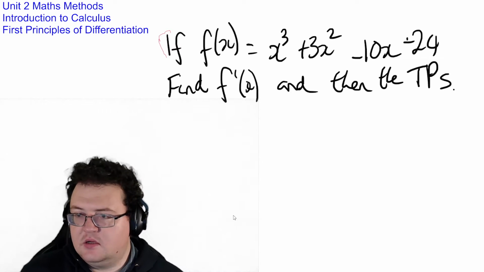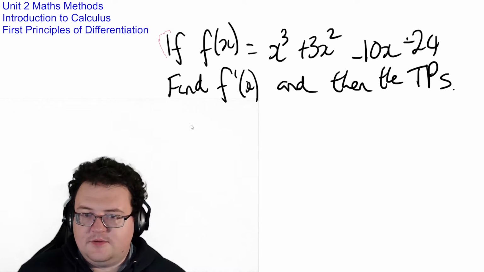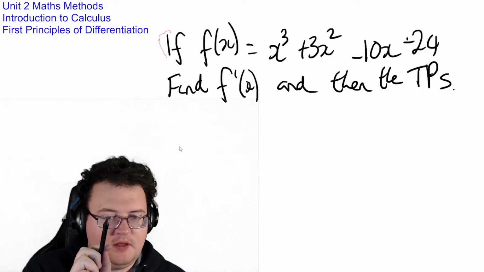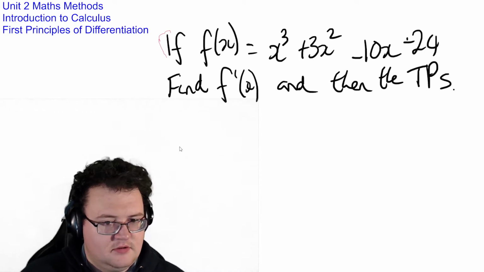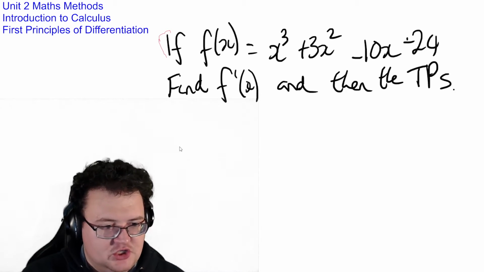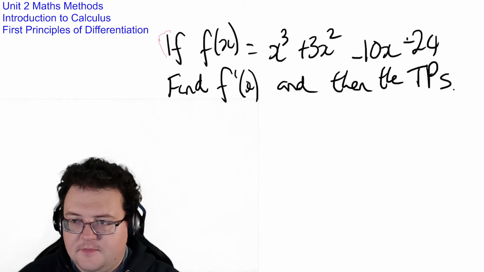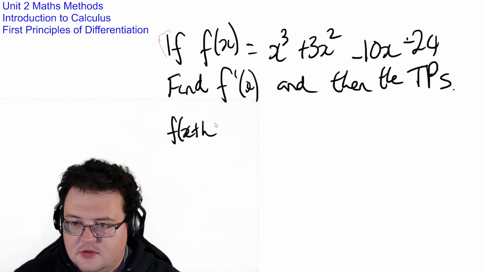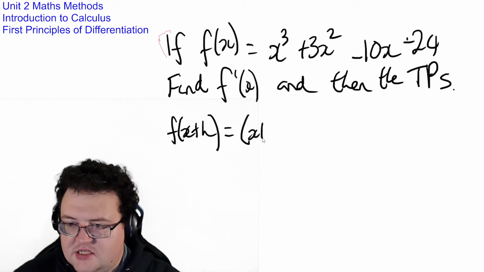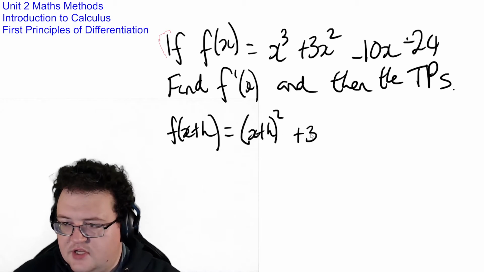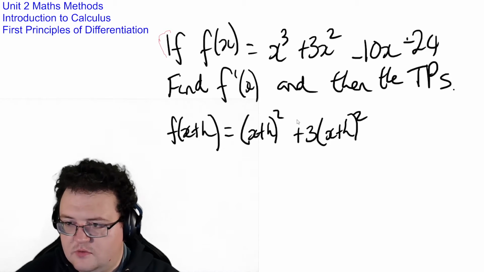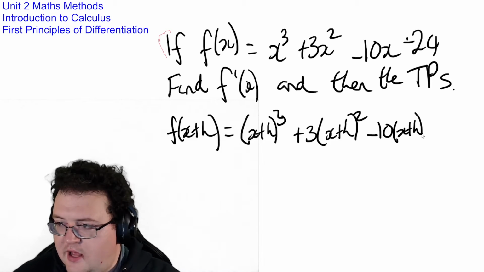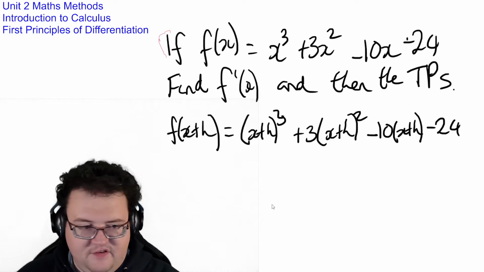All right. So, correct, but first principles. You're using the forbidden knowledge. Do not use the forbidden knowledge. So we've got f of x plus h. That's going to be x plus h cubed plus 3 times x plus h squared minus 10 times x plus h minus 24.